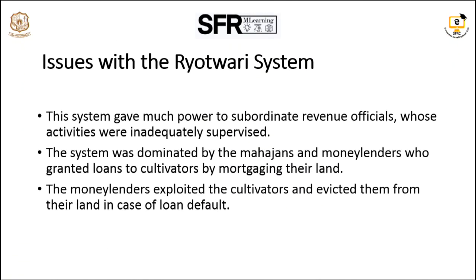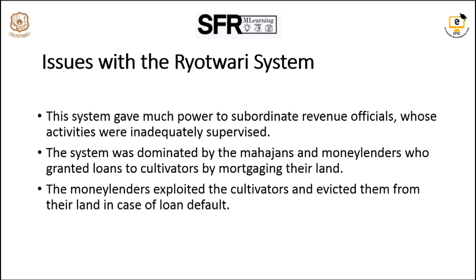Next, the issues. What are all the issues faced by the ryotwari system? This system gave much power to subordinate revenue officials whose activities were inadequately supervised. The system was dominated by the Mahajans and moneylenders who granted loans to cultivators for mortgaging the land.